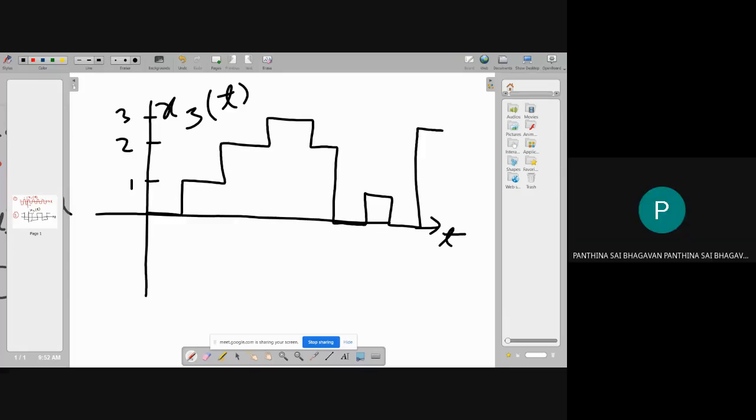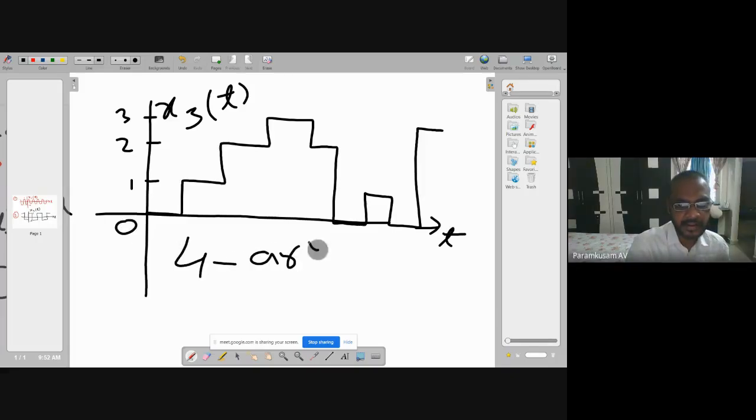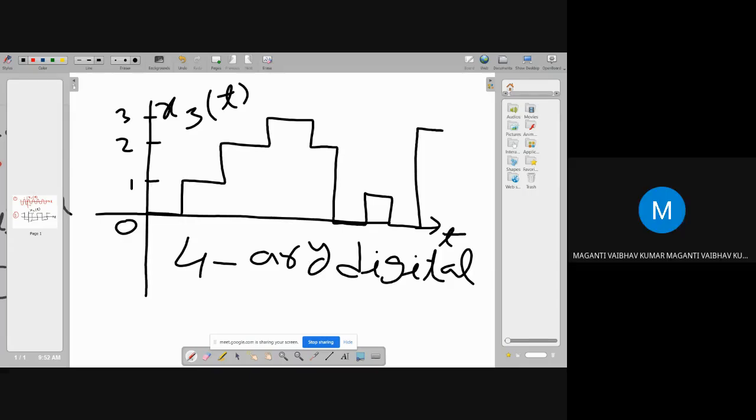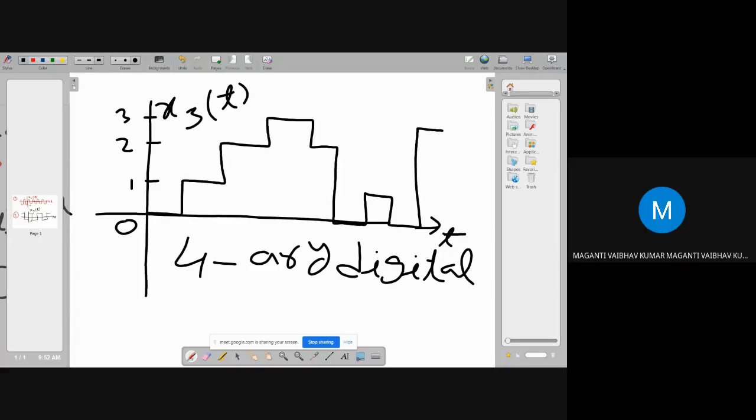4-array digital signal. Very good. How many possible values can x3 of t have? 4 values. What are those values? 0, 1, 2, 3.